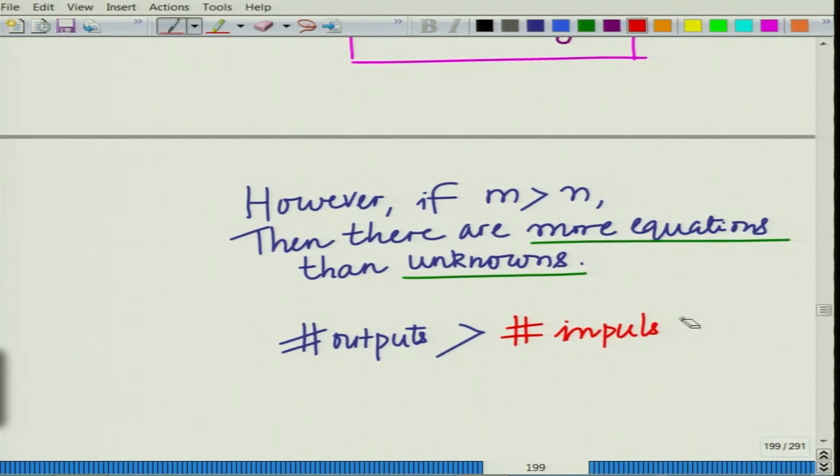Speaking in terms of a linear system as an input output system, the number of outputs is greater than the number of inputs.